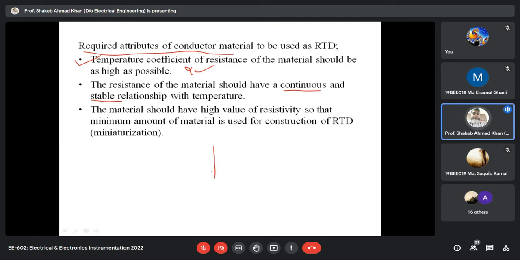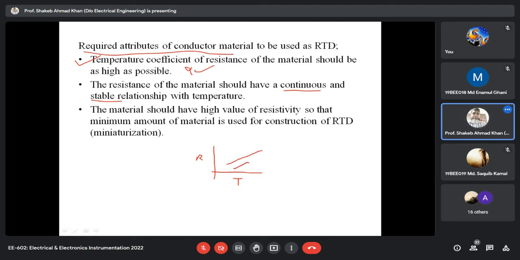Whatever material you are choosing to make an RTD, it should be continuous over whatever range you are choosing as far as the RT curve is concerned. So for whatever range of your interest, the relationship should be continuous.